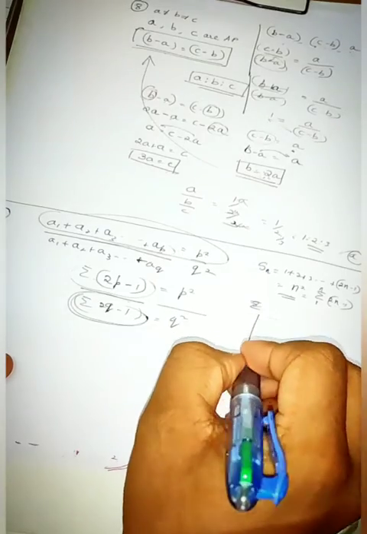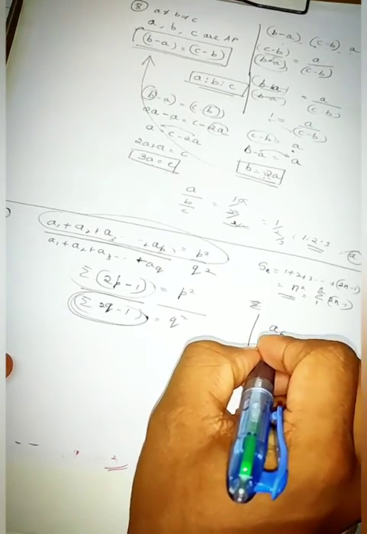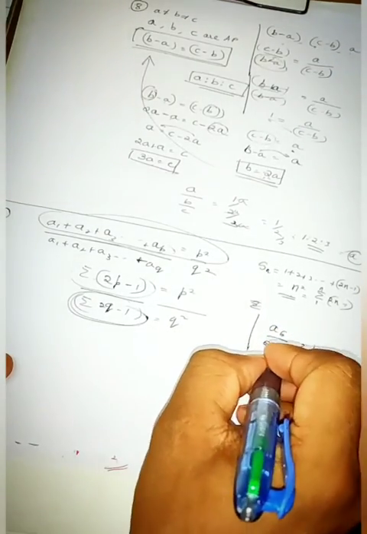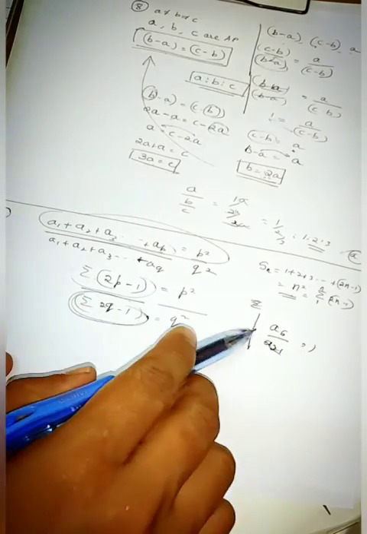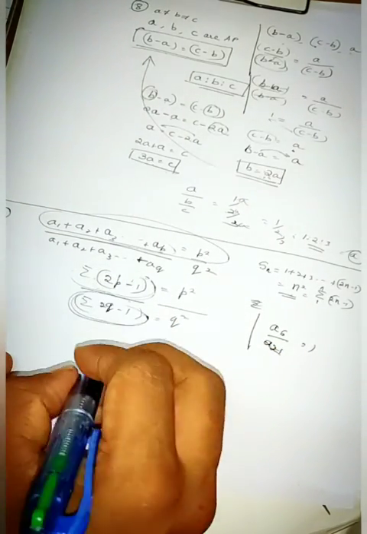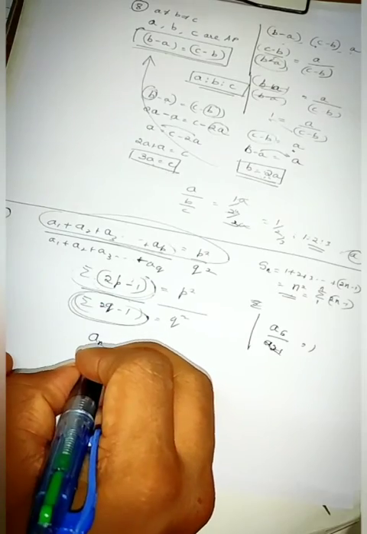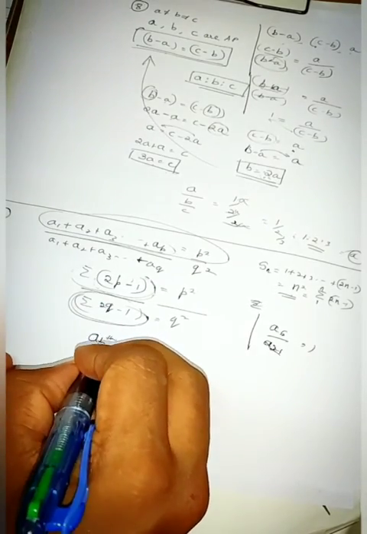Then they are expecting me to find a6 by a21. Now this is my an, that is, the nth term, here the pth term.